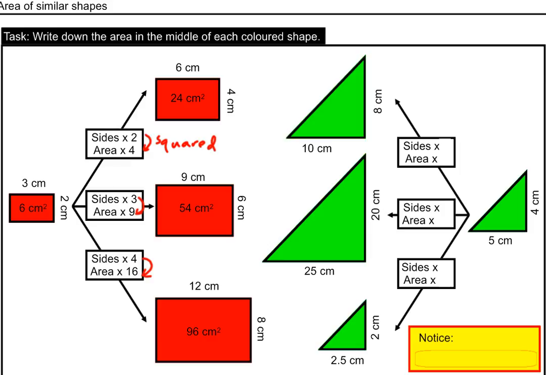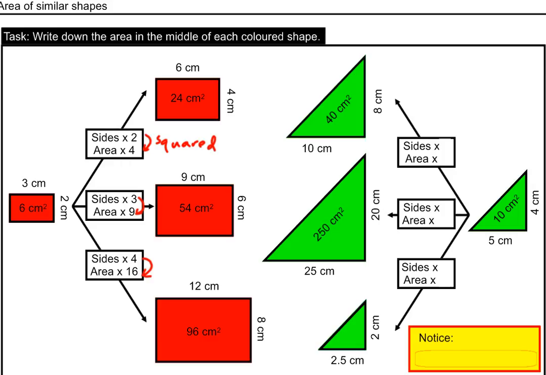The area of the original one, the one on the far right here, 5 times 4 divided by 2, 10 square centimeters. The top one in this column here, 8 times 10 divided by 2 would be 40. 20 times 25 divided by 2, well, half of 500 is 250.